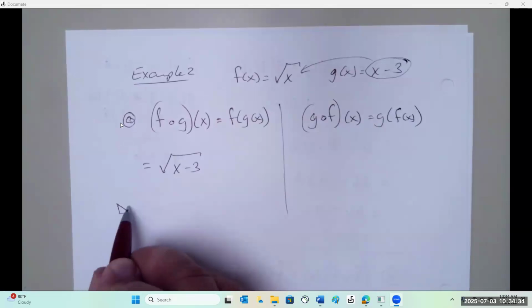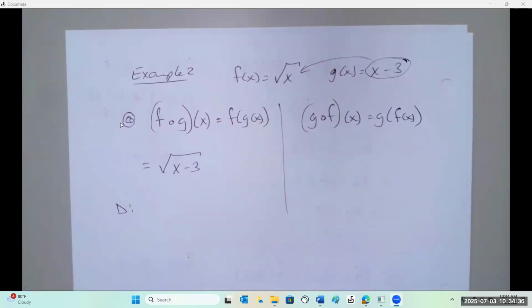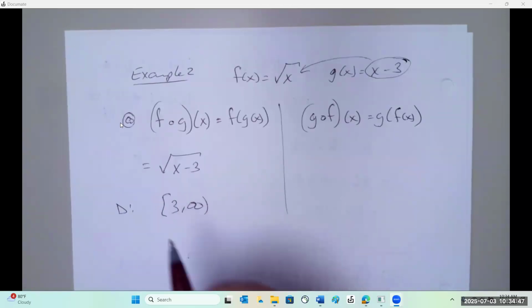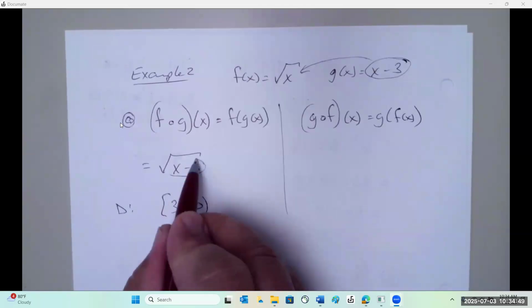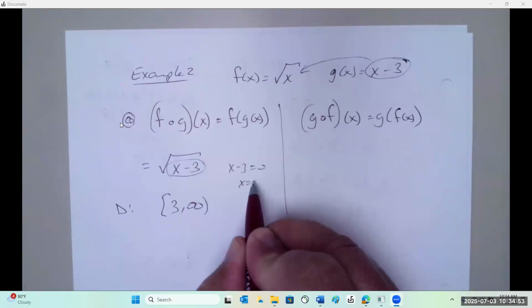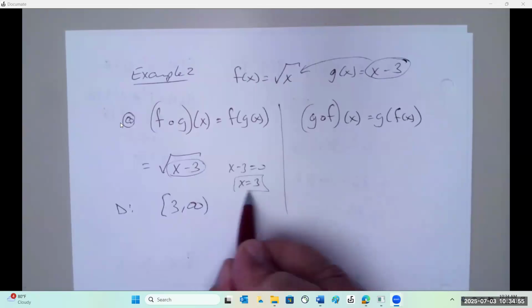What's the domain of this one? Right. Because we can only have a 0 or more inside there, so we set that equal to 0. So the smallest x we can use is 3.